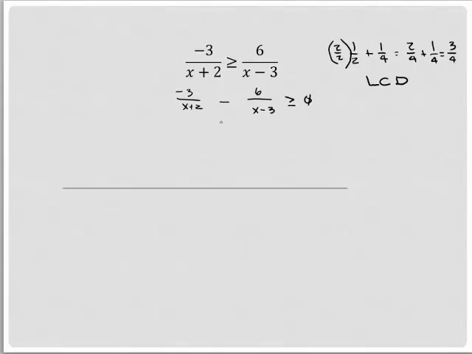Least common denominator. Now, our denominators here are x plus 2 and x minus 3. What is our least common denominator? There's nothing in common, so we just have to multiply them.